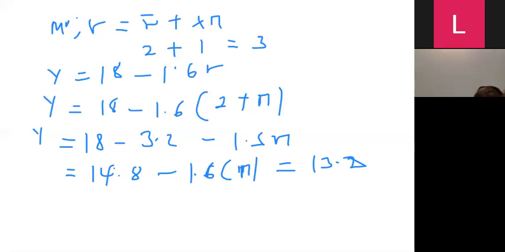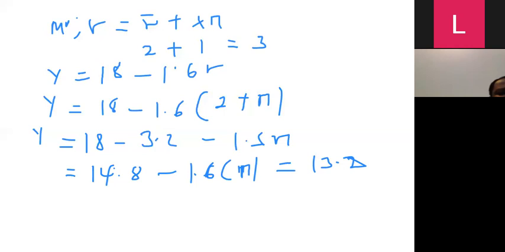Because there's an increase in the real interest rate, the new output is reduced from 14.8 to 13.2. That still explains the graph. Great. Now we are also going to look at the impact on consumption.